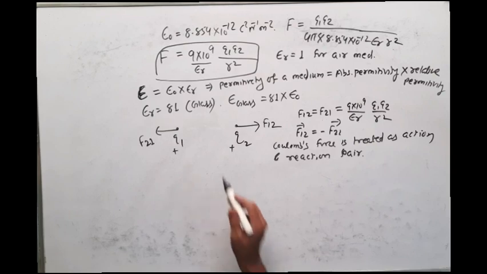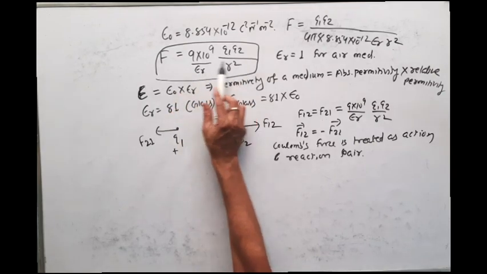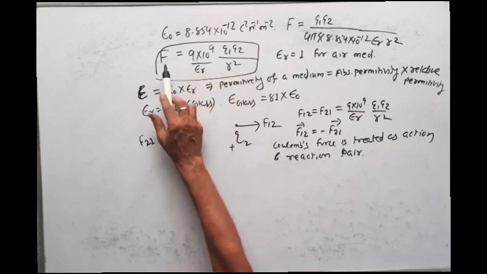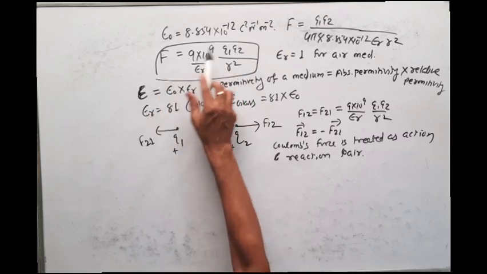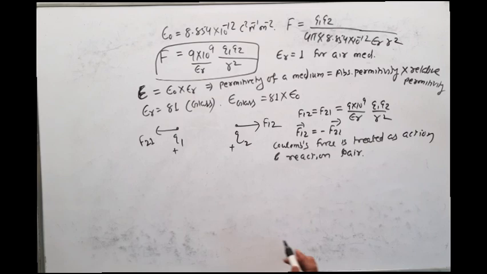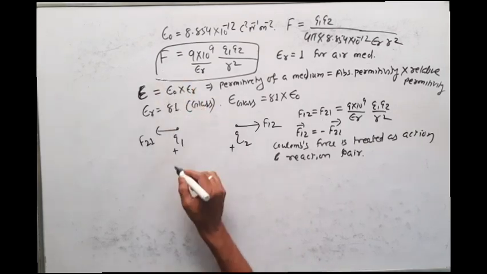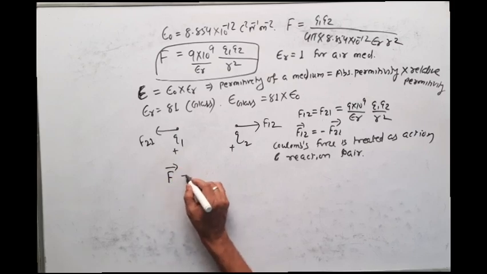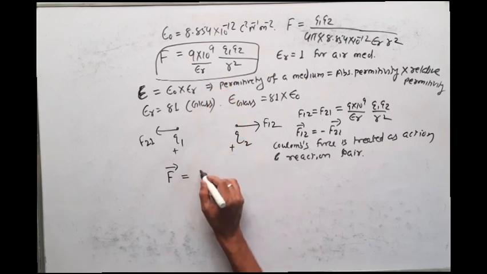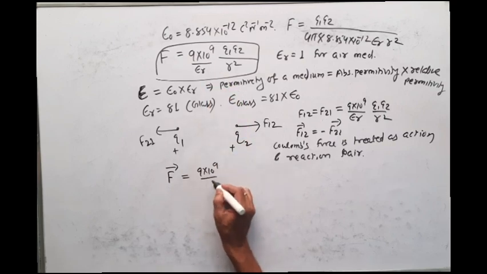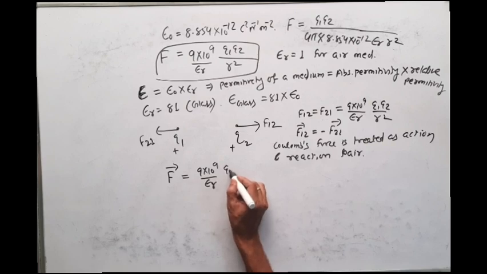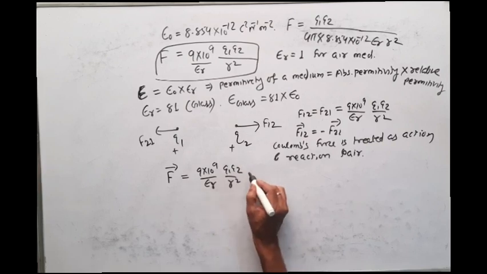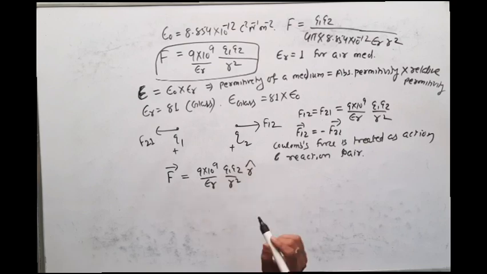Now this formula gives the scalar value, that is, the magnitude of the force. But we know force is a vector quantity, so we will write the force in vector form with an arrow mark. The magnitude remains the same, 9 × 10 to the power 9 by epsilon r, Q1 Q2 by r square, and we have to take a unit vector, r cap.